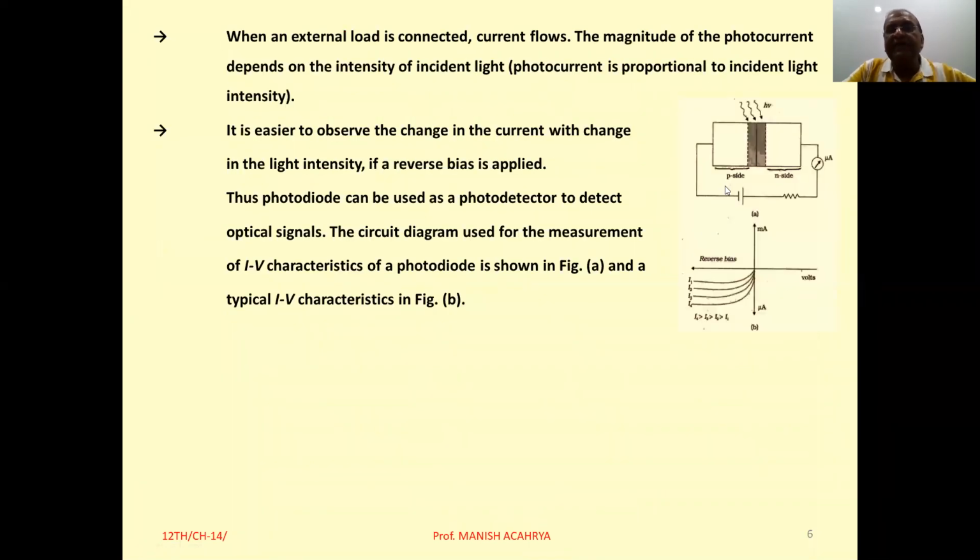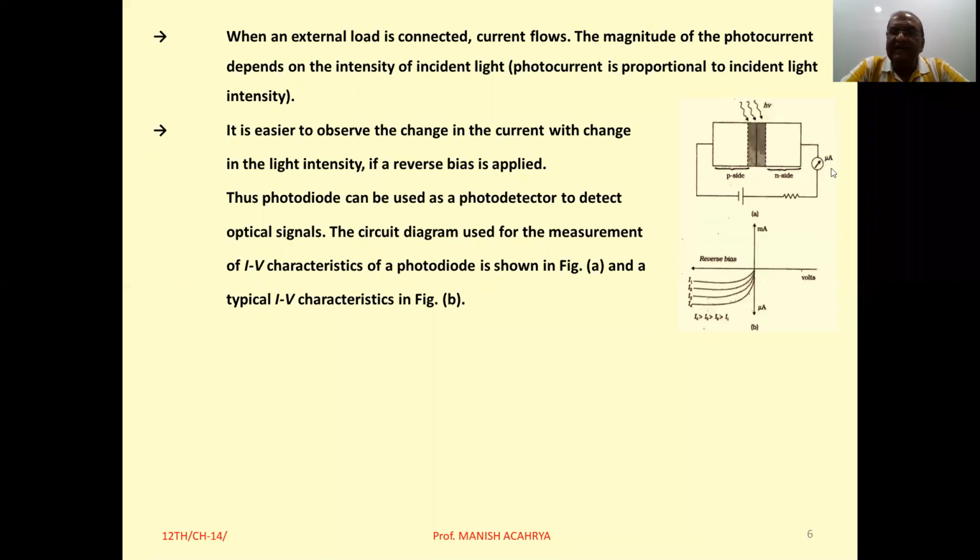Now, if this particular diode is connected with resistance in the outer circuit and kept at reverse bias, then current will flow in the outer circuit. This microammeter will show you the current.